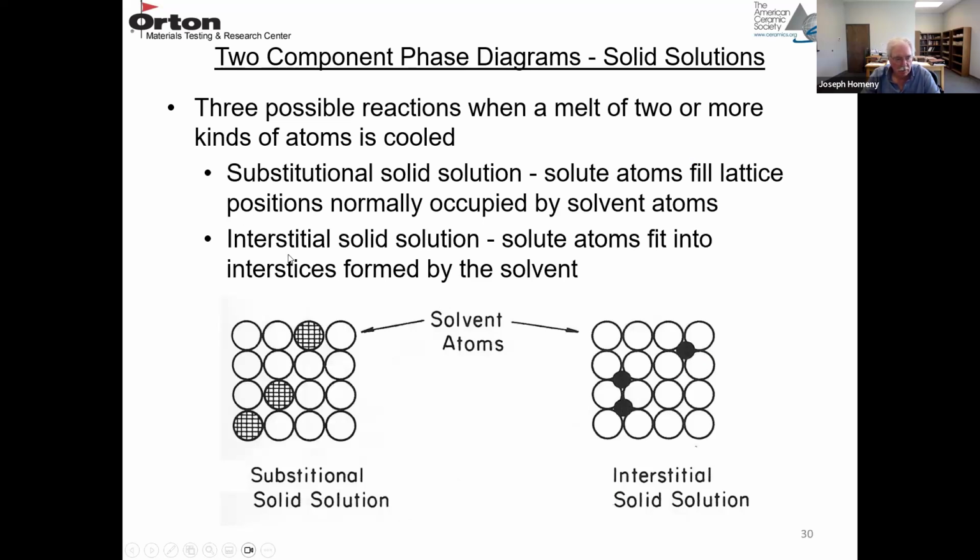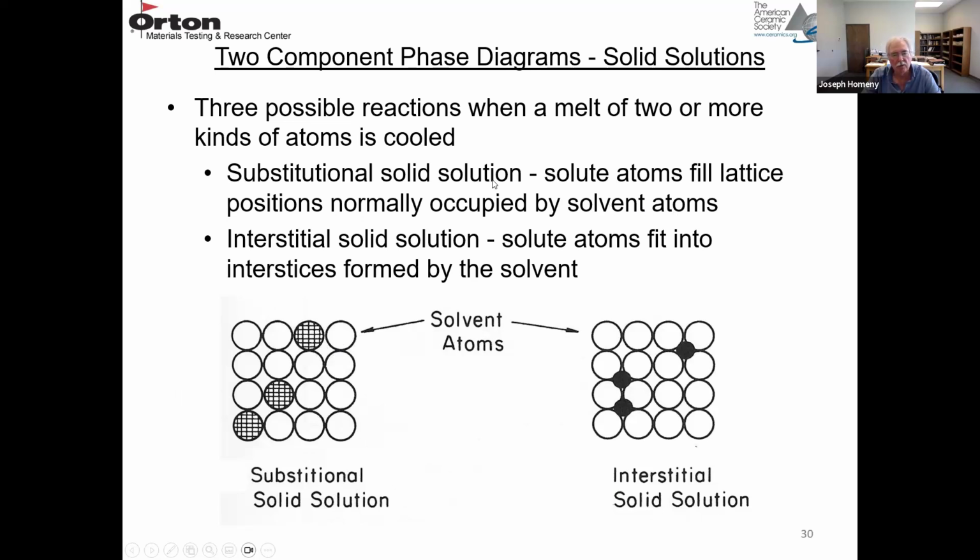There are really two types of solid solutions here, a substitutional solid solution and an interstitial solid solution. I just showed the substitutional version, where there's a direct substitution of the crosshatched atoms on the lattice sites for the other atoms represented by the open circles. So the solute atom just fills a lattice position normally occupied by the solvent atom.